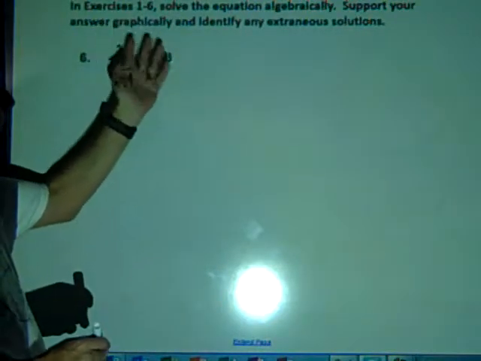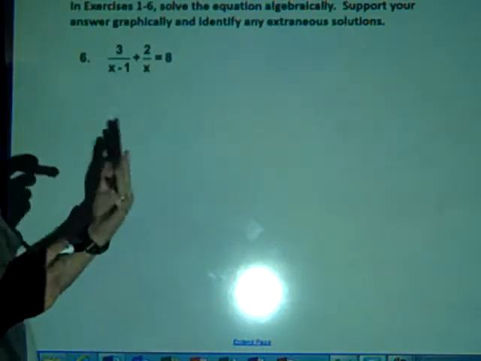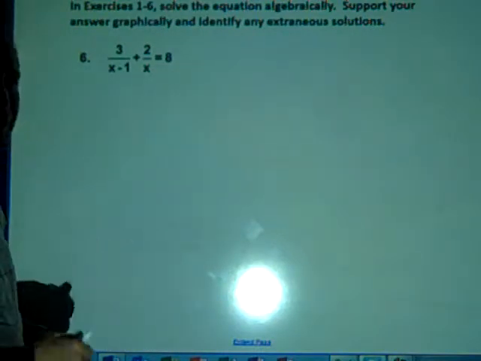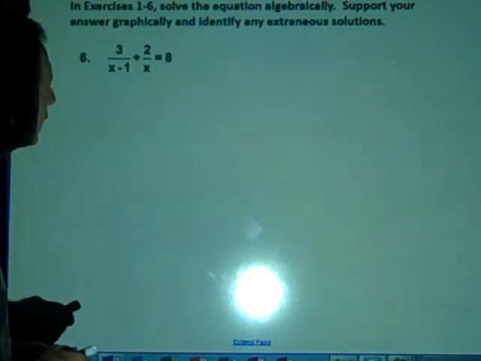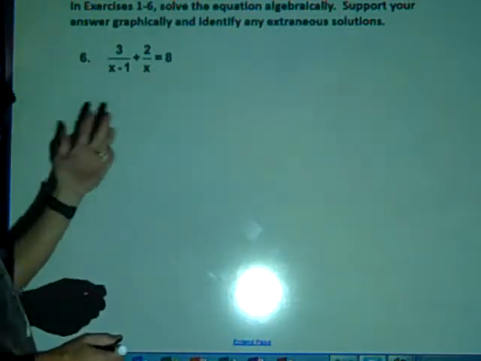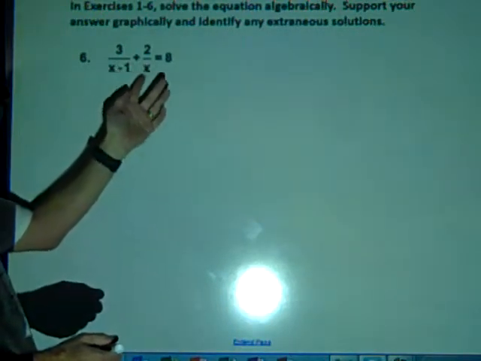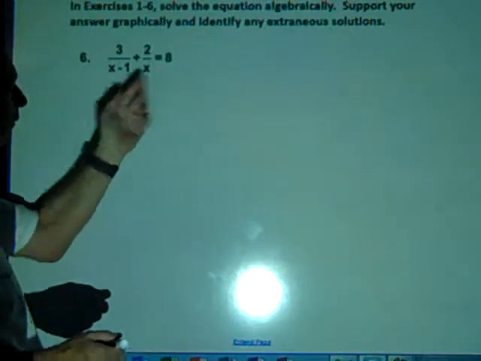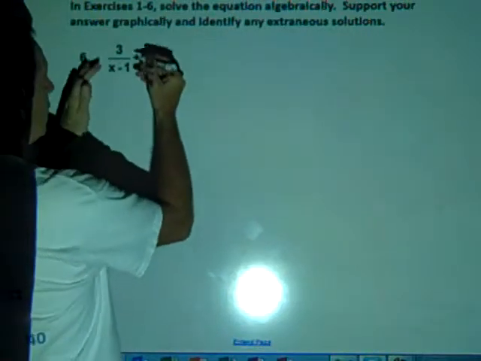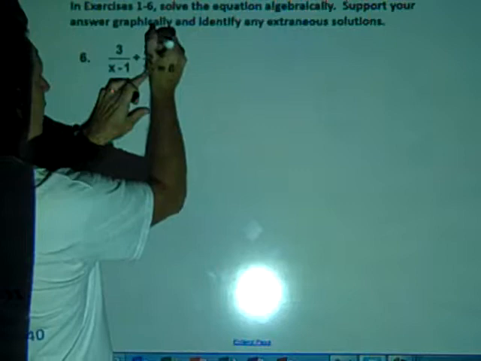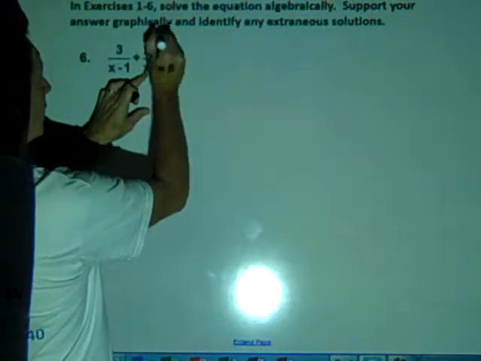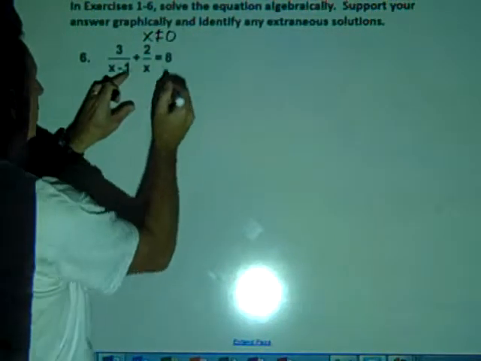So the first thing we're going to look at is, are there any values of x that cannot be possible? Well, we cannot divide by 0 in math or in algebra. That operation is undefined. And so we know, because we have x in the denominator here, x cannot equal 0.